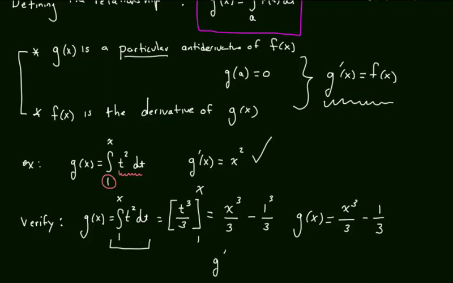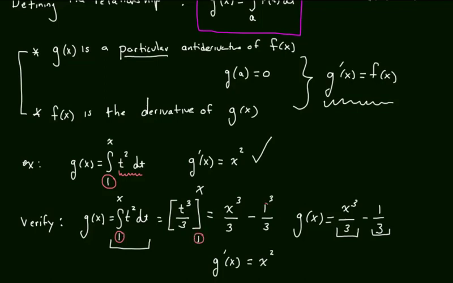Now I want to find g prime of x. Well, to find g prime of x, I first find the derivative of this first term, and that comes out to be x squared. And then the derivative of the second term, which is a constant, would be 0. So let's answer a question here. Suppose instead of this being 1, it was 100.